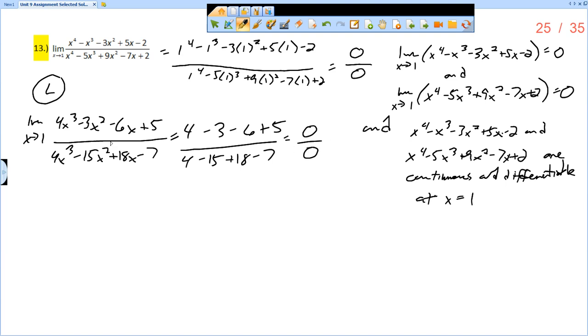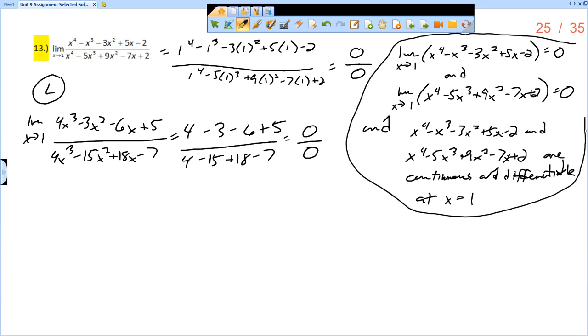Now, yes, technically you would have to restate all of this stuff for these new functions. In this scenario, yes, you would need to do that in a free response setting. Now, the College Board is not going to give you one where you need to keep restating this over and over. But we would have to use L'Hopital's rule again.